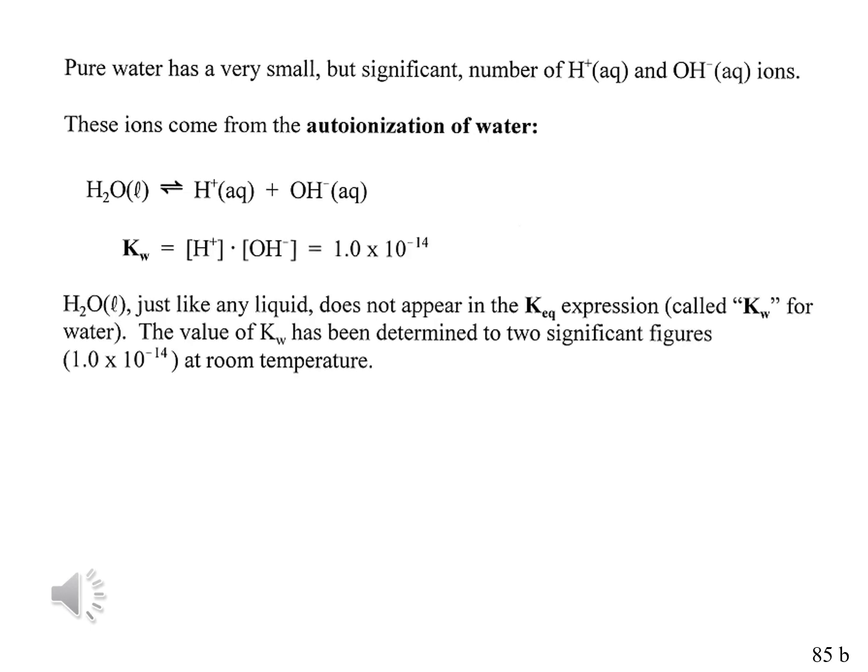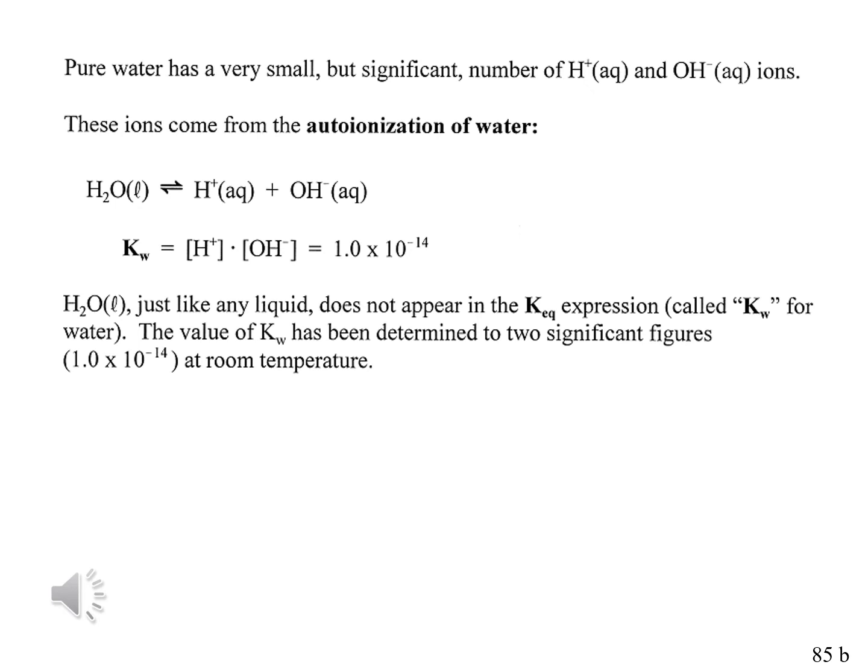Because this is an equilibrium, you can write an equilibrium constant for it. The Kw, the W is for water, of course, equals the product of those two ions, and the liquid water does not go in the denominator. Chemists have measured this number to two significant figures.